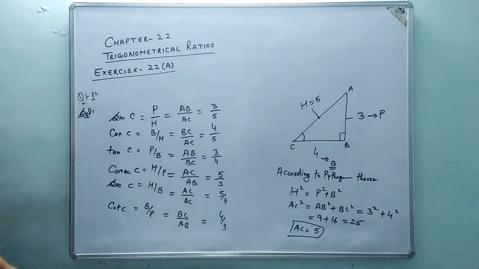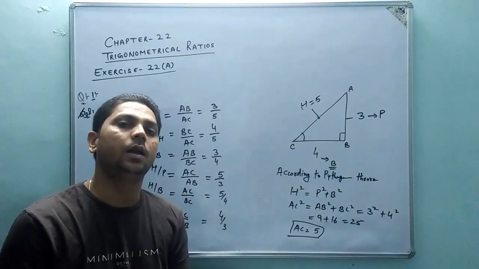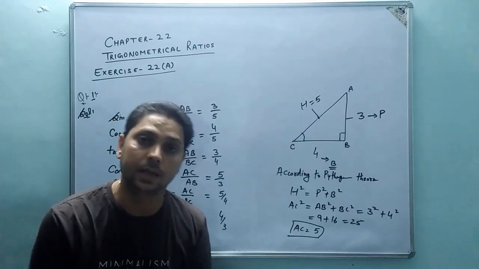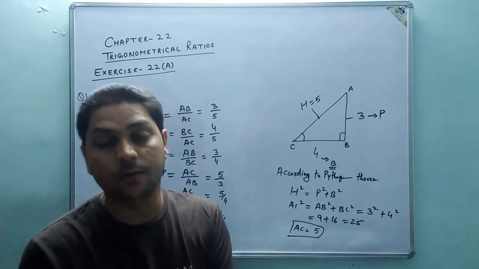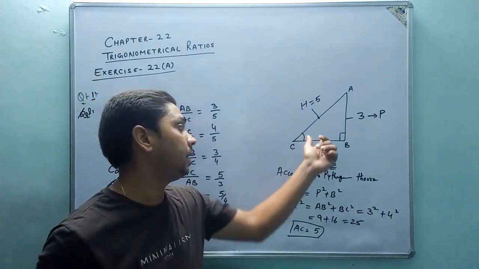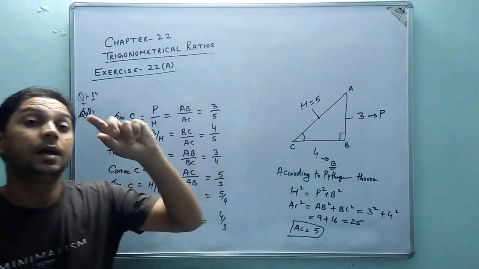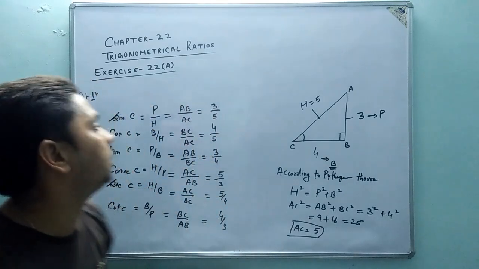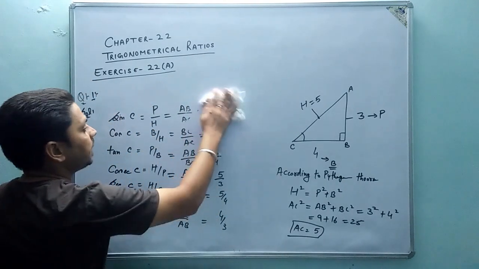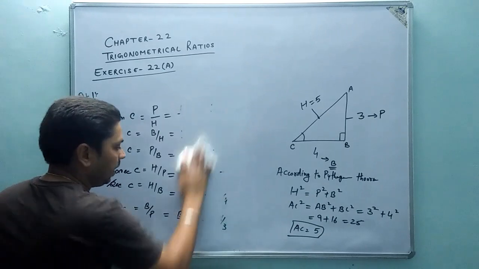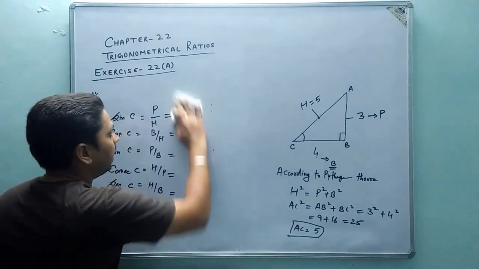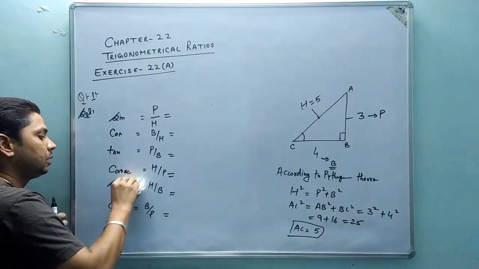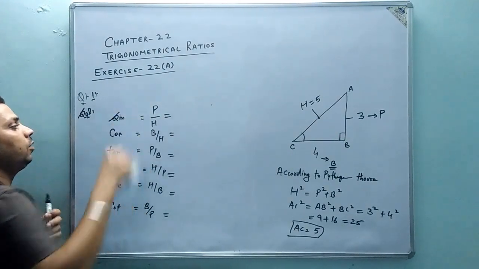So we have all the trigonometrical ratios with respect to the base angle C. This is the case when we are taking the base angle C. Then the second case, when we are taking the base angle as A. So forget about the values.